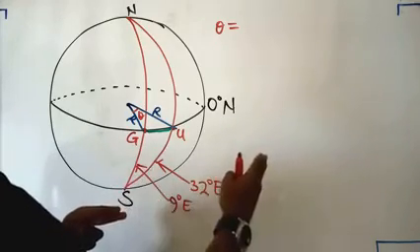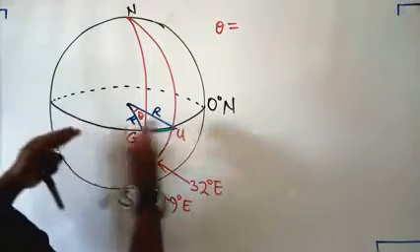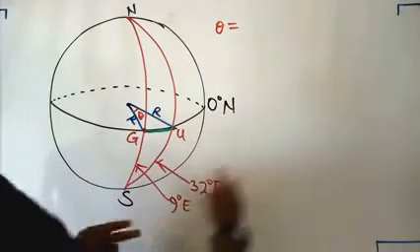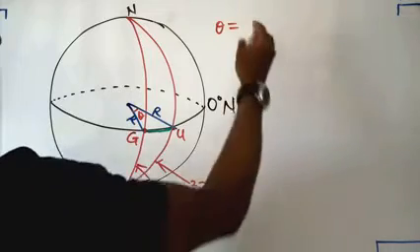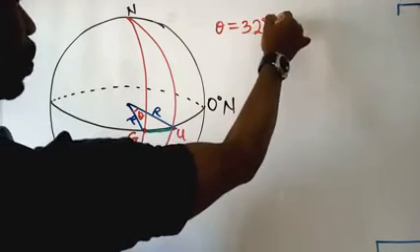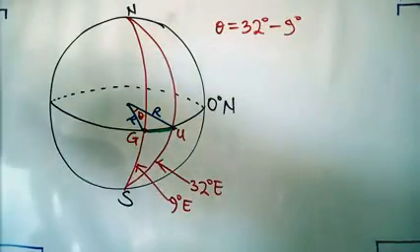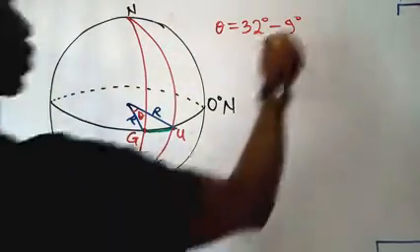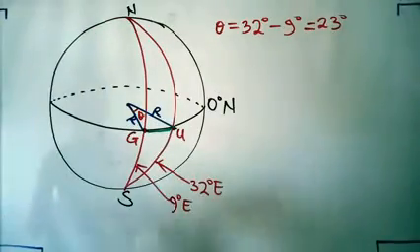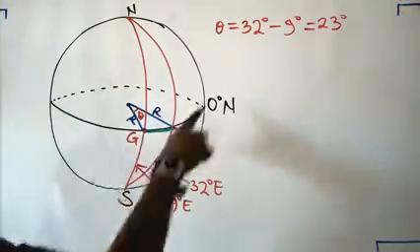If one of them is on the eastern part and the other one the western part, we are going to add the numbers together. But right now they are both on the same part of the globe, so we subtract to get a positive difference. If you solve that, you have 23 degrees. And this is the distance between 2 points on a great circle.